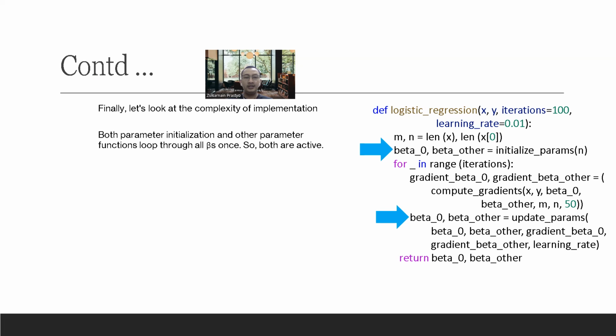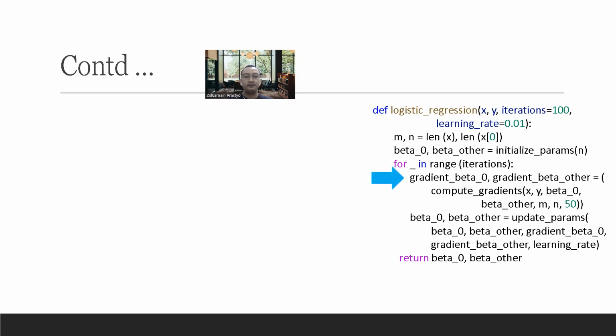Both parameter initialization and the update params function loop through all betas once. And then I have gradient beta 0, gradient beta other from compute gradients x, y, beta 0, beta other, m, n.